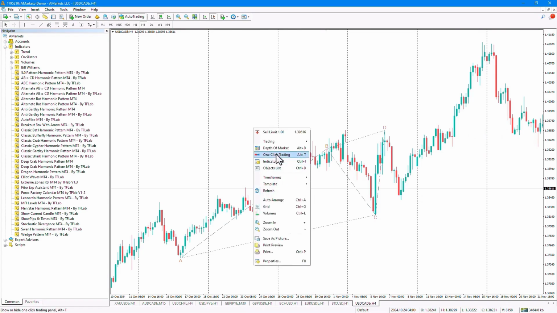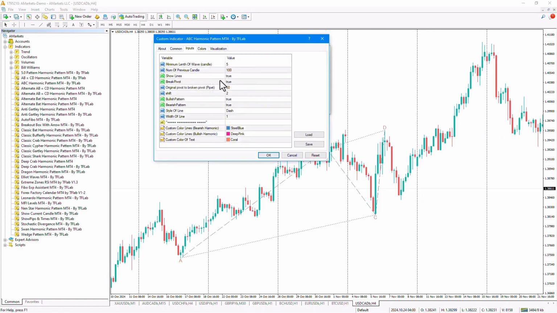That's why if we set this option to false and apply a filter for it below, the pattern will not be displayed. But if we set the option to true, it will identify and display all patterns for us, even those that have breakouts. In the next section, there is the shift option, which is set to 2 by default.